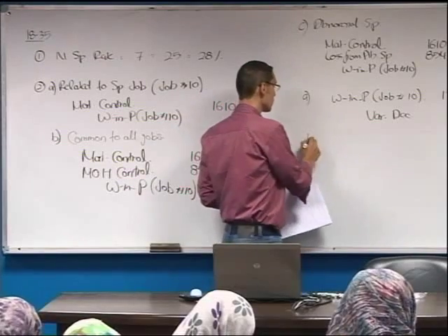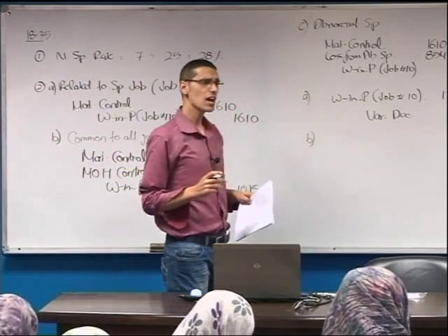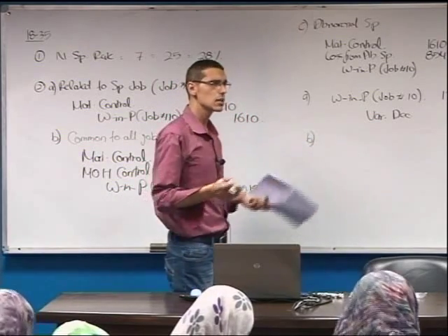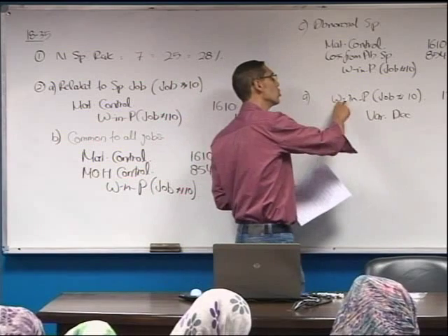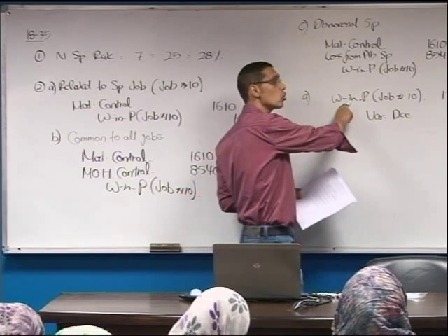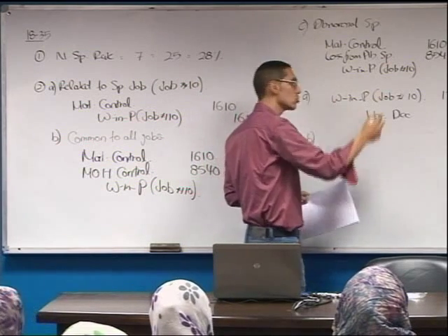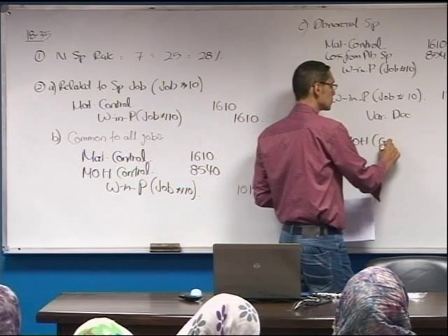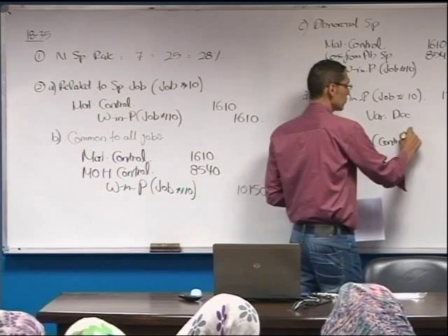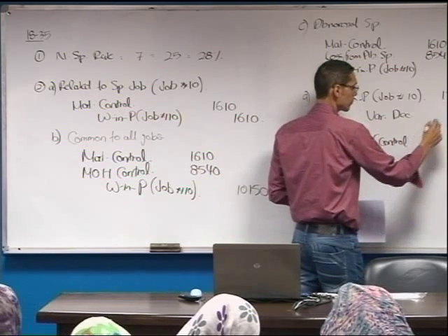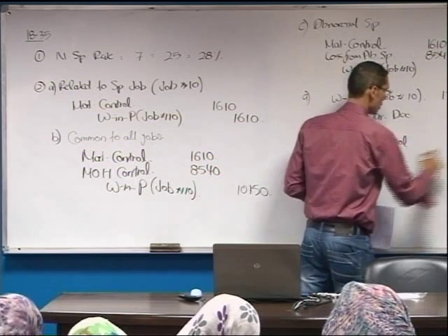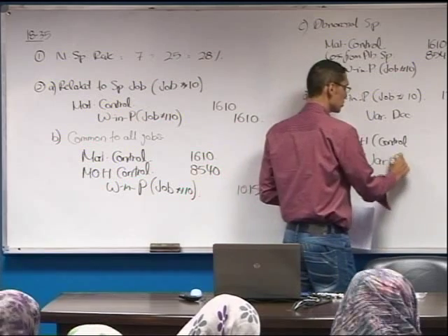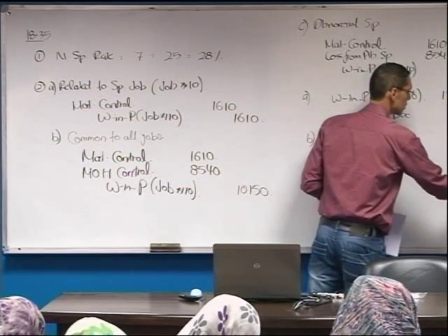What if the rework is common to all jobs? In this case, we are not going to load these costs onto the work in process, but we are going to load them onto the manufacturing overhead control. And of course to various accounts, because we do not have the details.